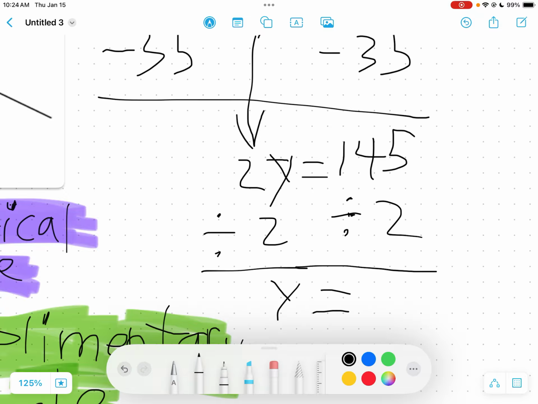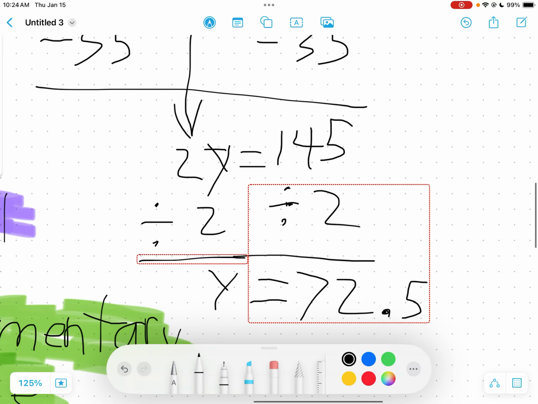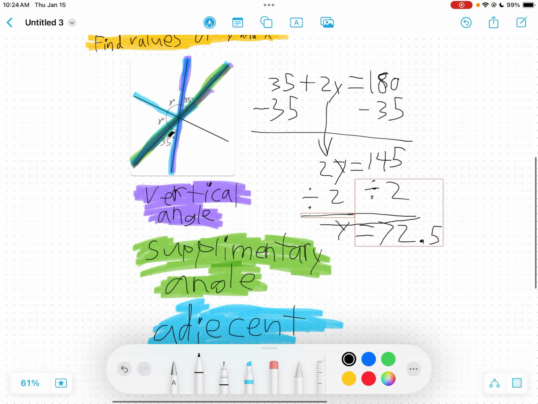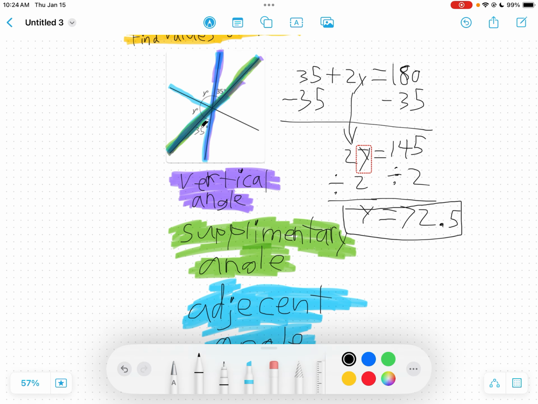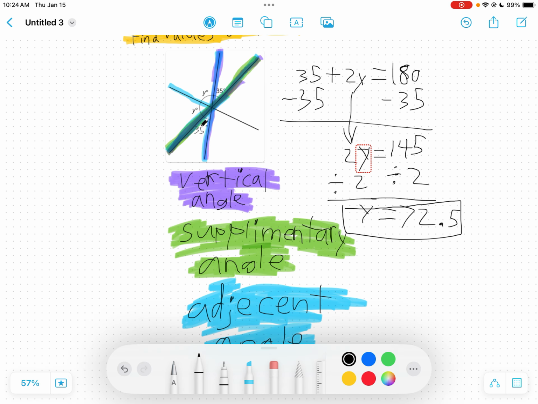And that would be 72.5. So y equals 72.5. Now adding this up, after the equation we now have the information that y equals 72.5 degrees.